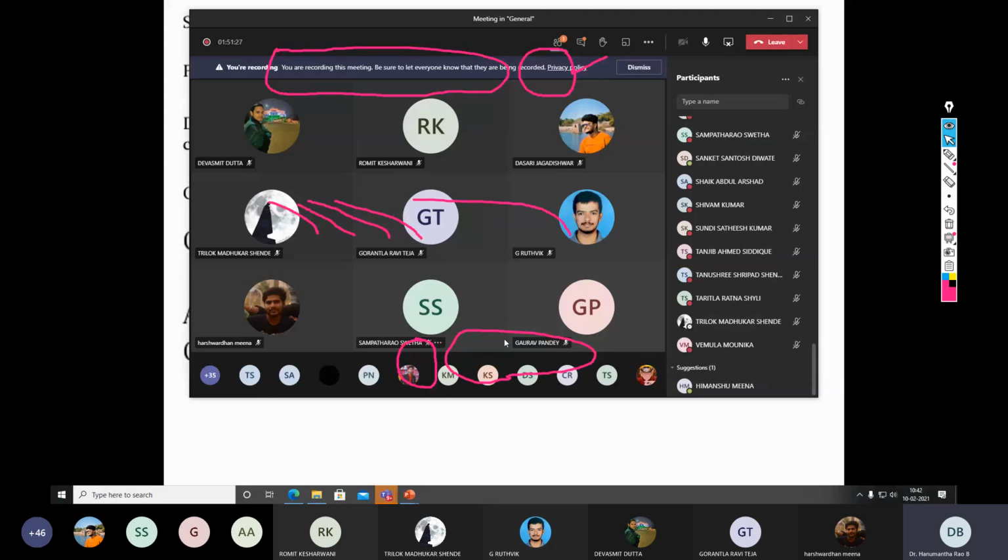Let me touch upon Satish Kumar. Not available. Shivam Kumar? Yes, sir. Did you calculate? You're doing it in my copy, still doing it. Okay, very good.